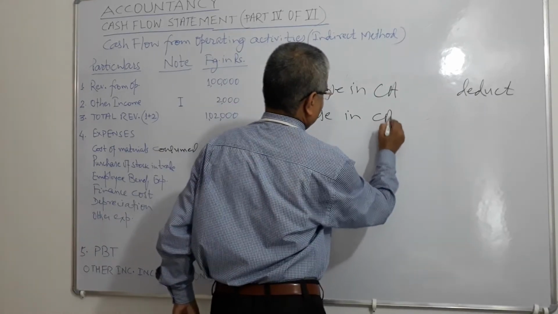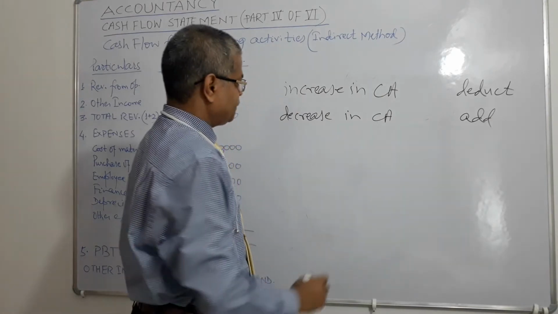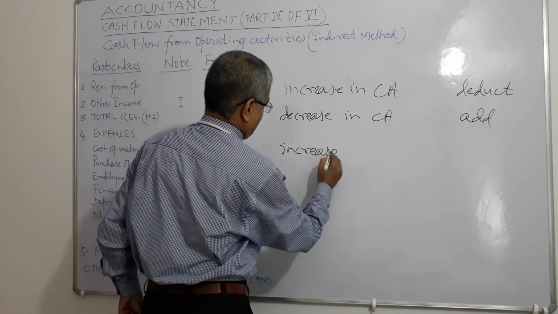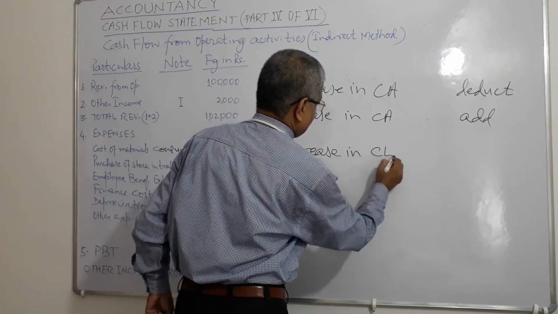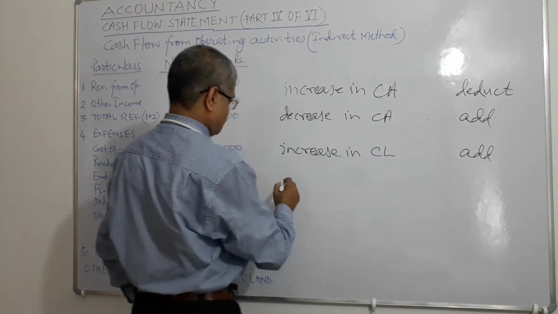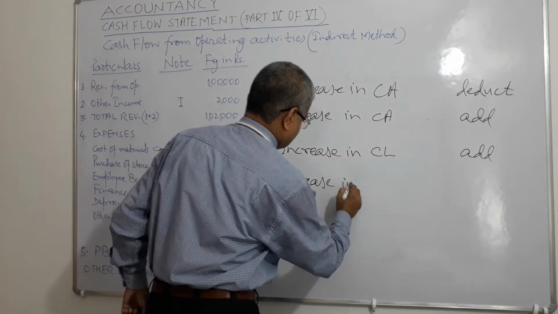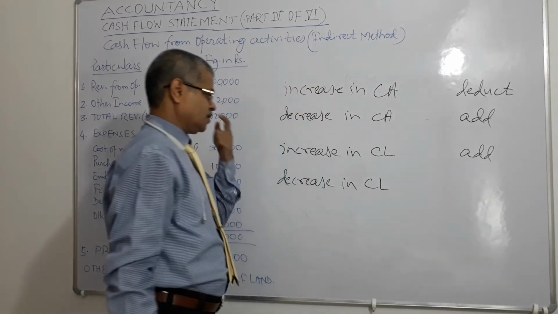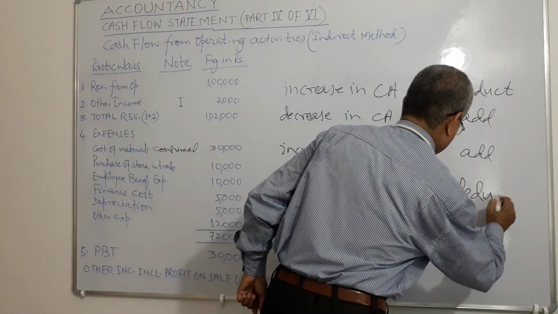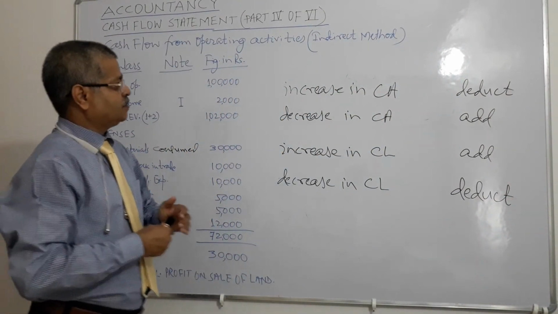Decrease in current asset, add, right? Increase in current liability, add. Decrease in current liability, deduct, right?